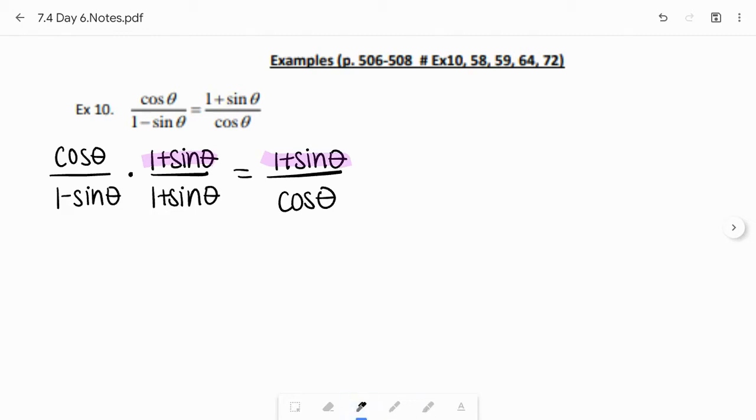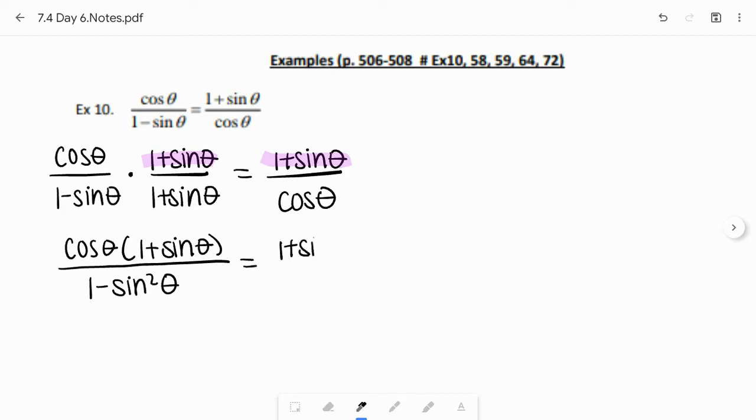So instead of distributing the cosine of theta, I'm just going to leave it as cosine of theta times 1 plus sine theta. So hopefully we can cancel something out eventually. And then I have 1 minus sine squared of theta, and that equals 1 plus sine theta over cosine theta.